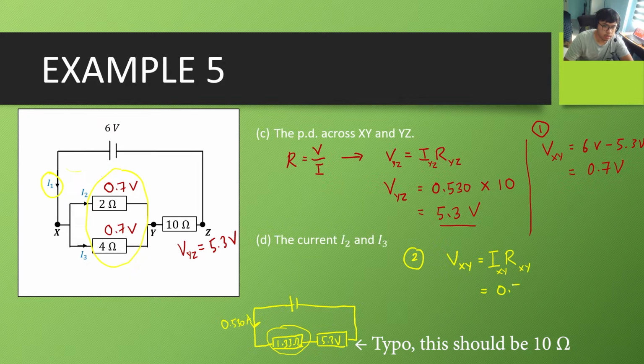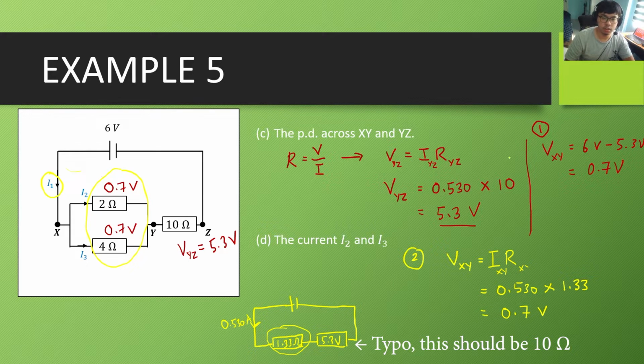So the current that is going through point XY should be equal to the main current, which is 0.530 times the total resistance, which is 1.33 ohm. And you can calculate this to be the same 0.7 volts. Okay, so you can see both methods give you the same value.